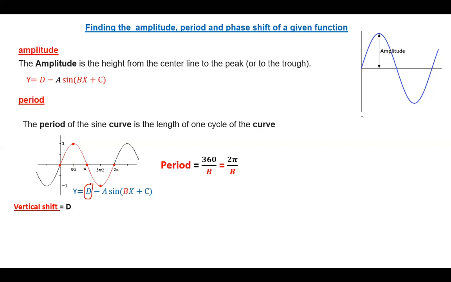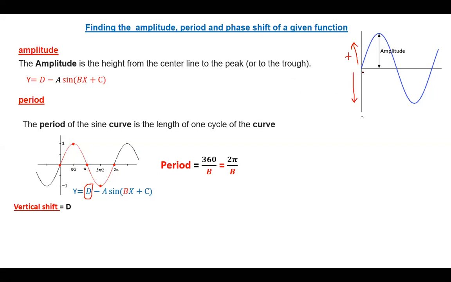It can either go up or down, depending on the sign that has been given, that is, the sign of D. If D is positive, it will go up. If D is negative, it will shift down. What do I mean by vertical shift? What will shift is the center line.